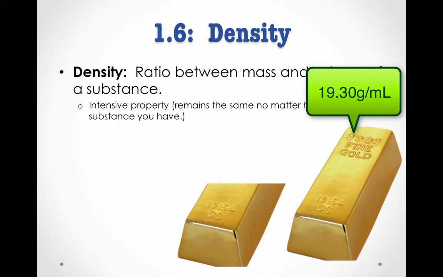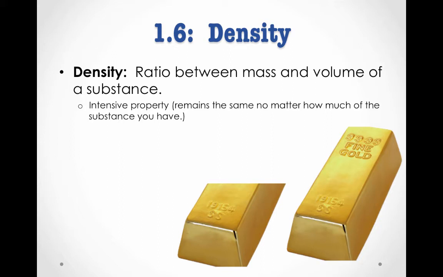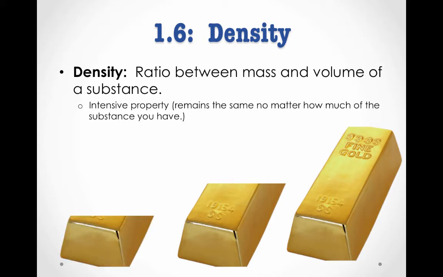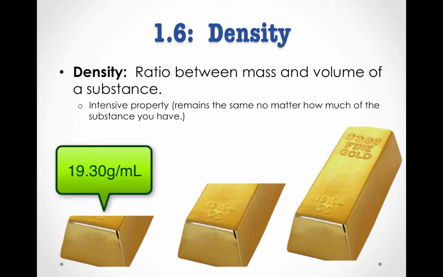If I cut that gold bar in half and measure the density of half of that gold bar, the density will still be 19.30 grams per milliliter. If I cut that gold bar in half again and measure the density of that now quarter of a gold bar, I will still find that its density is 19.30 grams per milliliter.